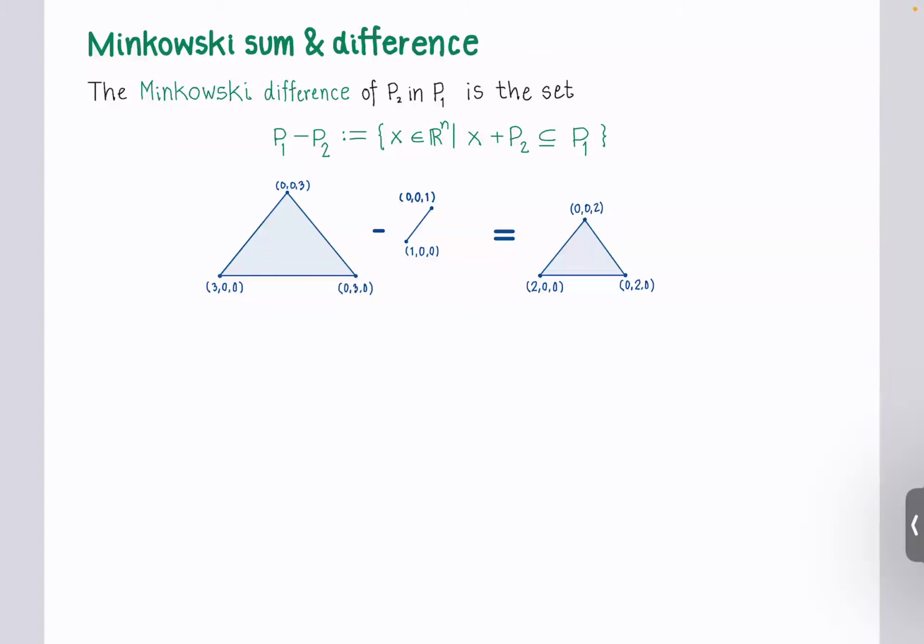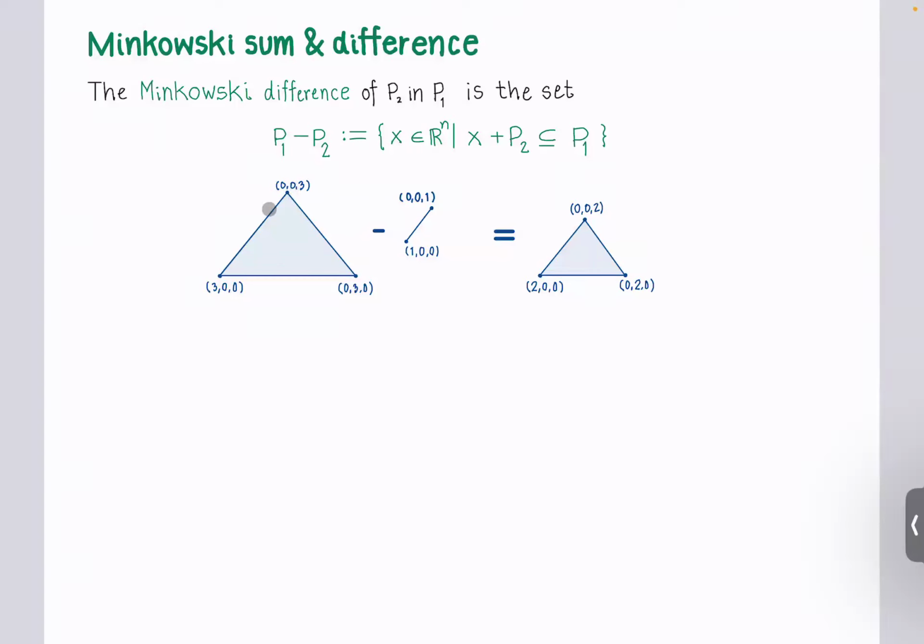Okay, so let me tell you what the Minkowski difference is now. We know what Minkowski sum is. The Minkowski difference of P2 in P1 is the set P1 minus P2, which is defined to be the set of points x in Rn such that x plus P2 is a subset of P1. Okay, so let's slowly think about this.